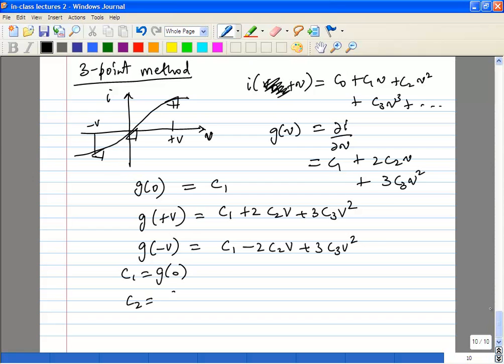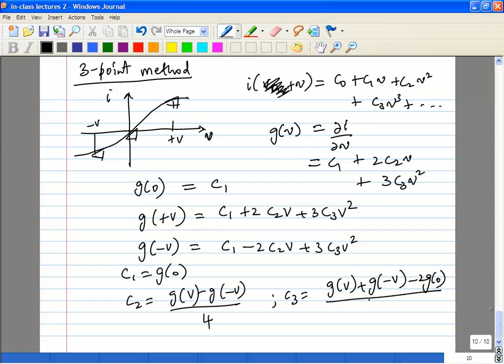C2 happens to be, by 4. Okay, is that clear? So you got it in terms of V.